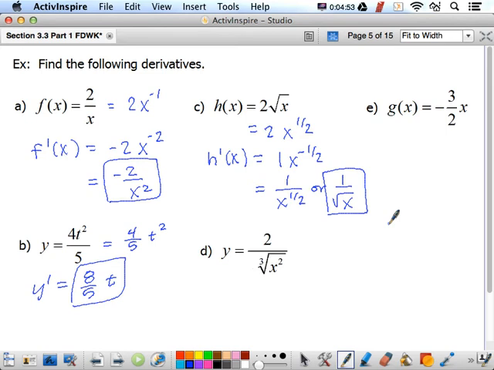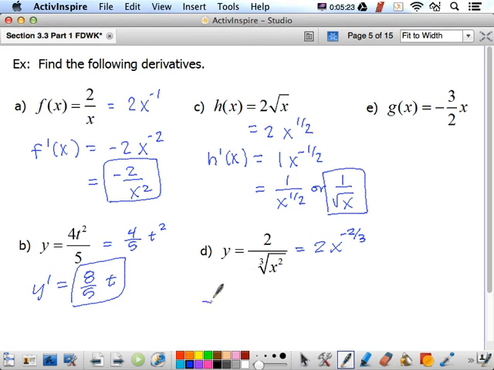Let's try part D. We have y equals 2 over the cube root of x squared. If I'm going to rewrite that, this is really x to the 2/3 power, correct? But if I bring it up to the top, it becomes 2x to the negative 2/3 power. So you have to be really good with radical to exponential form and bringing things from the denominator into the numerator. So some of you will need to work on that.